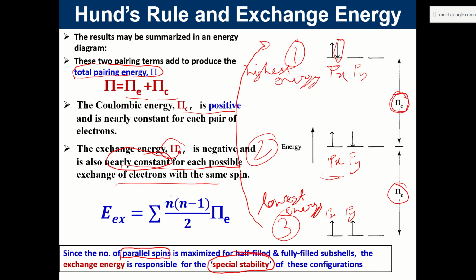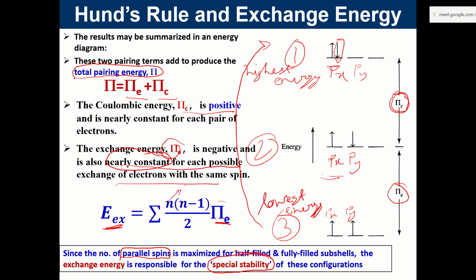N is the number of electrons with parallel spins, and pi e is the exchange energy released per exchange. Any pair of two electrons with parallel spins in two different degenerate orbitals, this is the thing. So this is how you can calculate the exchange energy. Summation of n minus n. What is n?